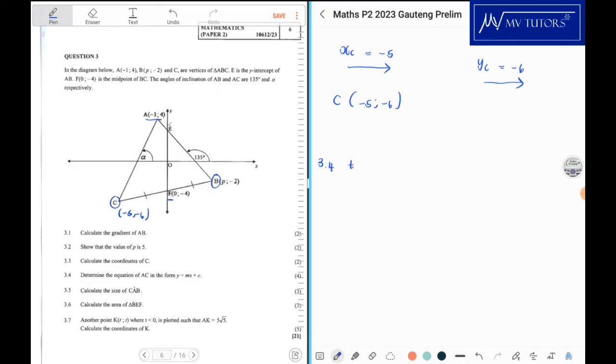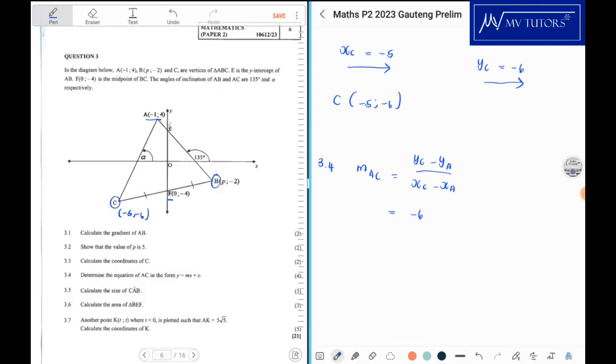We can use our tan alpha formula. It's equal to the gradient of AC. Yeah, but we don't really have alpha. So let me not even go there. Let's just get the gradient. Okay, we have both A and C. So gradient of AC is equal to the y-coordinate of C minus the y-coordinate of A all over the x-coordinate of C minus the x-coordinate of A. Now the y-coordinate of C, we worked it out.